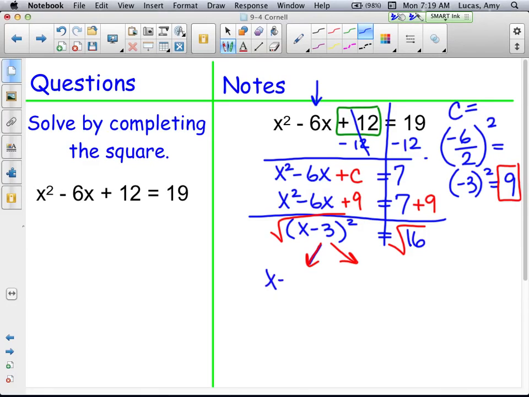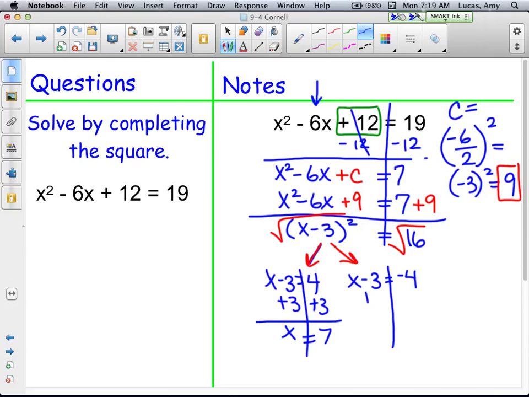So x minus 3 equals 4. x minus 3 equals negative 4. If I add 3, I get 7. And adding 3 over here, I get negative 1. So positive 7 or negative 1 are the two solutions.